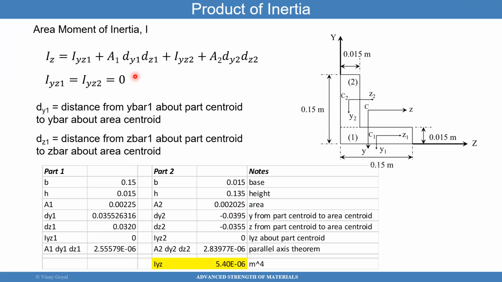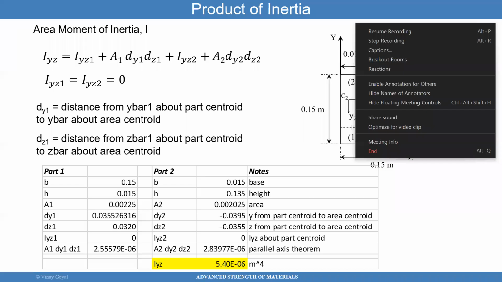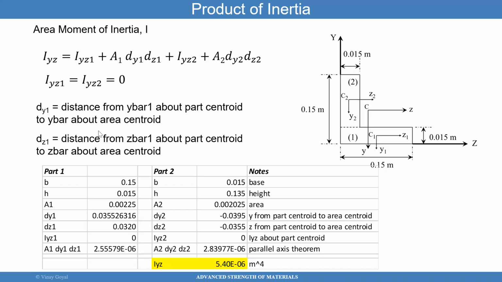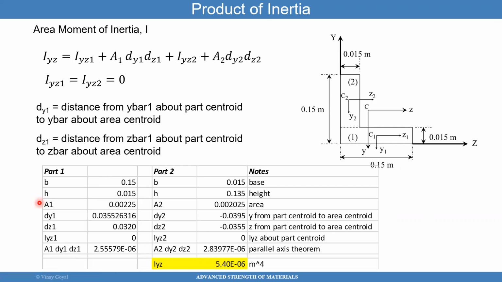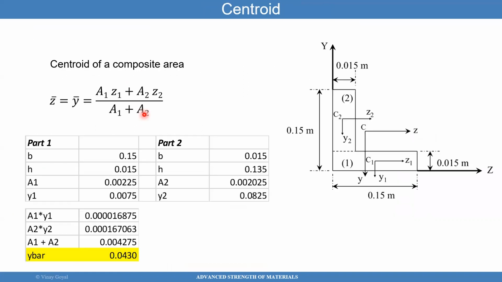So then I can calculate the addition of all the numbers here to get, and there's a YZ missing there, the product moment of inertia completely. So actually, I was able to do that correction, moment of inertia YZ. I apologize for that. And now we're ready. That's how you calculate the moments of inertia.